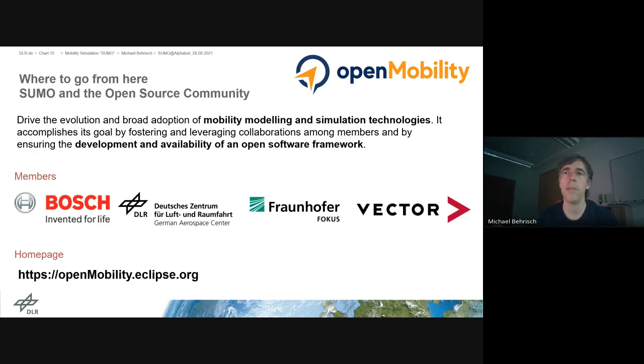The Open Mobility Group is somehow the steering committee for the development of the simulation tools. Not only SUMO. SUMO is the largest project of this group, but the MOSAIC you saw is developed mainly by Fraunhofer FOKUS, and Bosch and Vector are also part of this working group, and we regularly talk and try to find out what helps industry and also research organizations most to get the most out of it.